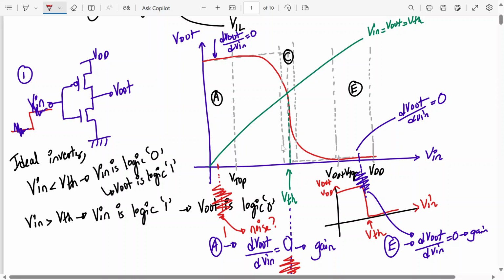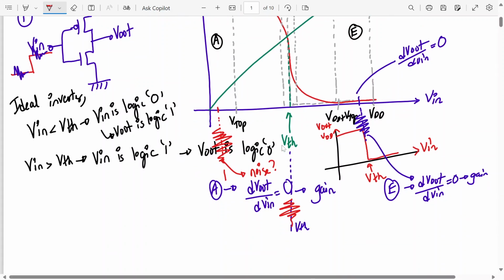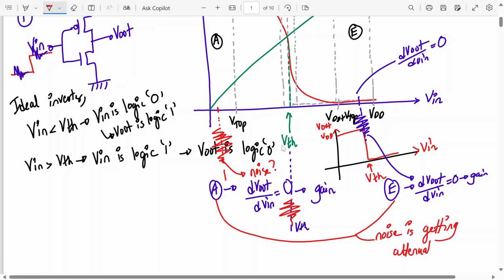Yes. In region number A and E, what is happening? In region number A and region number E, noise is getting attenuated because the gain of the system is 0.